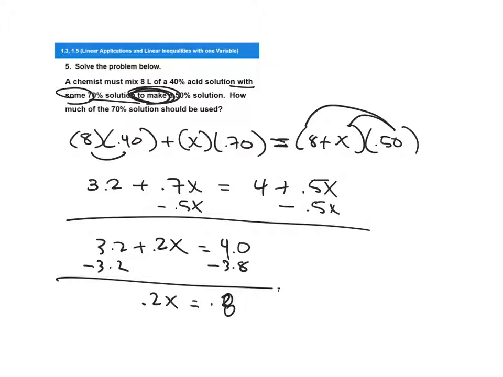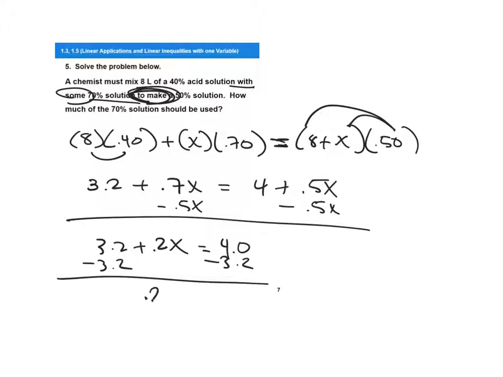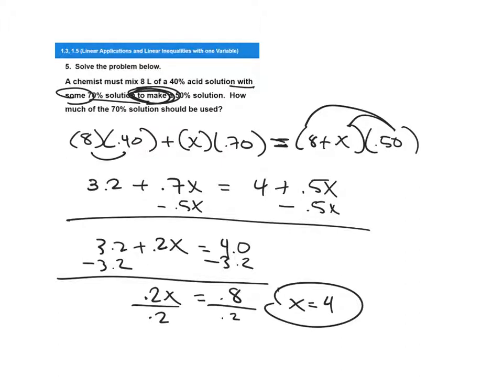That should be 3 2/10. Let me just rewrite that. So this is 3 2/10 that I'm going to subtract, and that'll be 2/10 x equals 8/10. And then when I divide by 2/10, I'll get x equal 4 liters. So that 4 liters can be substituted here, can be substituted here.